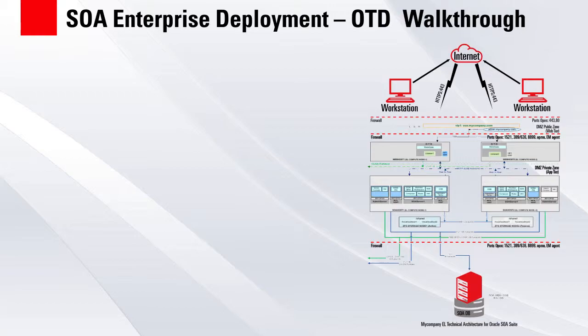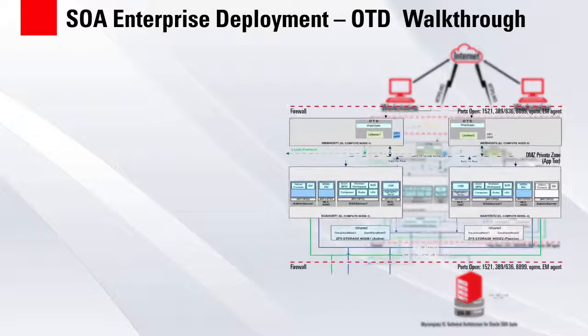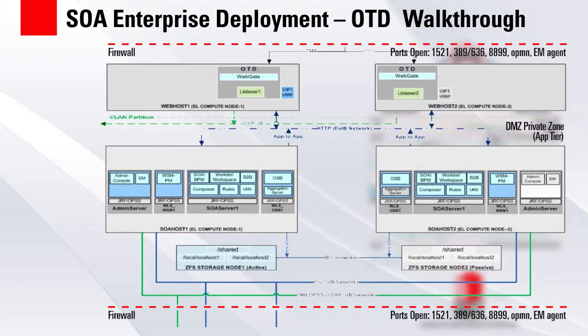So you can't have a real DMZ-based deployment in a detached server. Everything is interconnected. However, we are trying to enforce some of the guidelines we provide for a DMZ environment. For example, here OTD is deployed in the DMZ. If you look at the topology, you have OTD on a different compute node, and that OTD is a compute node separate from your applications.